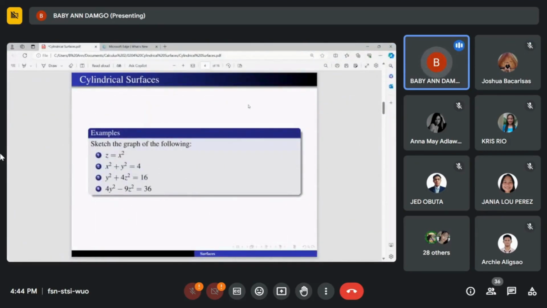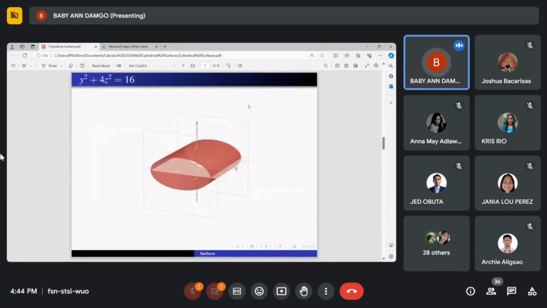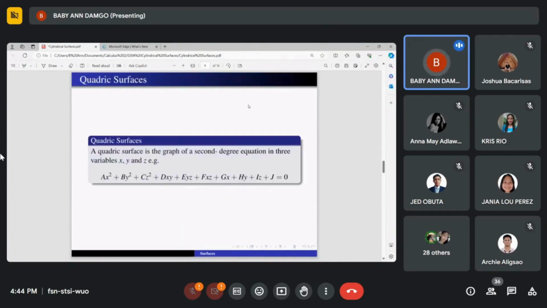Okay. So we will move to another type of surfaces. So we have the quadric. Okay, so this is the equation of the quadric in terms of three variables. So we have ax squared plus by squared plus cz squared plus dxy plus eyz plus fxz plus gx plus hy plus iz plus j is equal to 0.